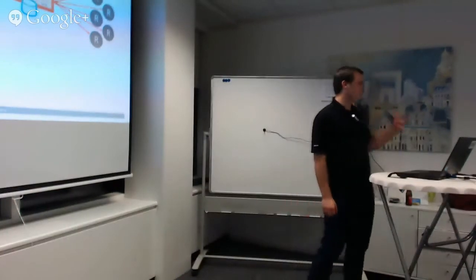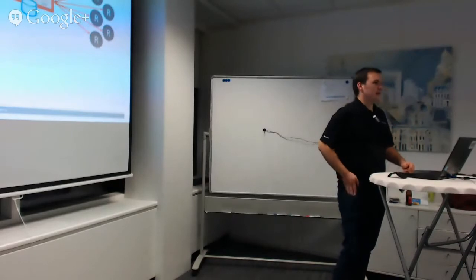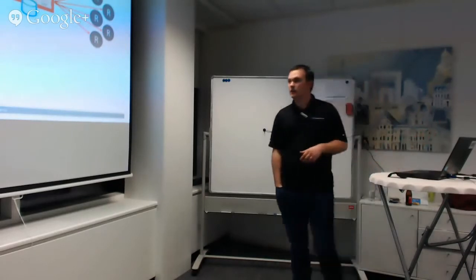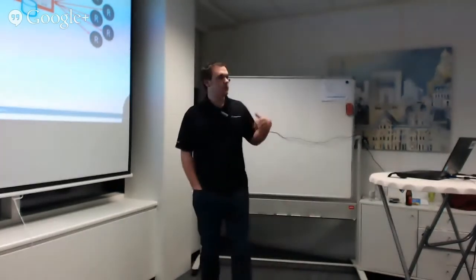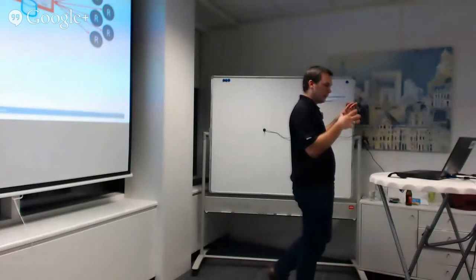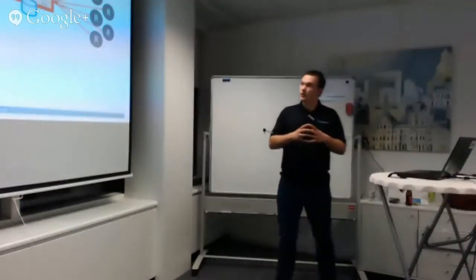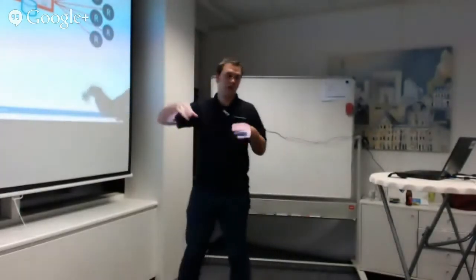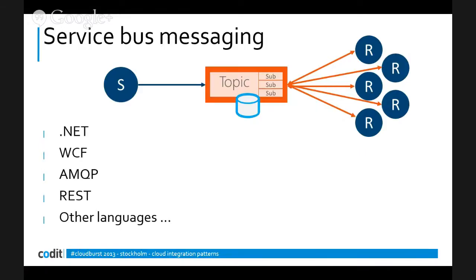AMQP is a newer standard that I think almost every big vendor except IBM is betting on. And then you have still WCF and .NET if you want to have your native existing experience. So what's going on? Here I talk about topics, but a queue is a queue that everyone knows. You put a message on it, and you can have one or more receivers listening on those messages, right?